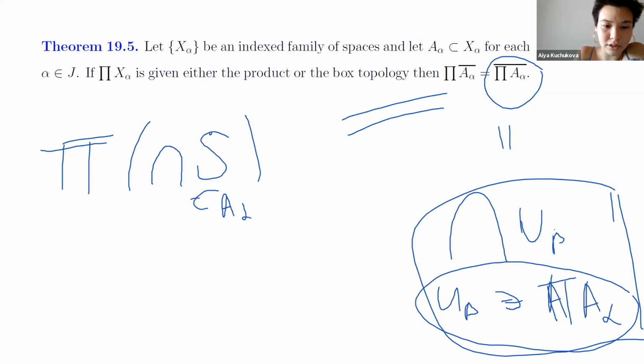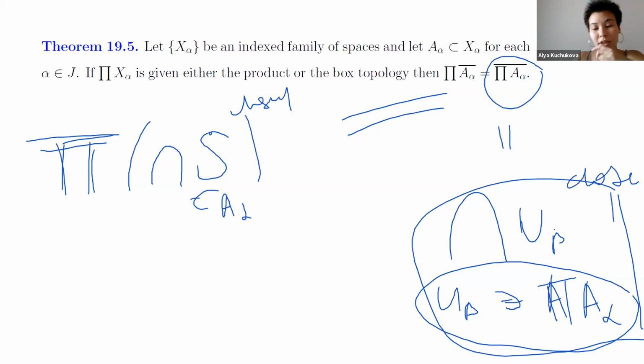And so this just happens for all of the dimensions. Actually, the closure is the intersection of all the closed sets, right? But U beta is of the closed. Oh yeah, you're right, of the closed. Thank you. Closed here and closed here.